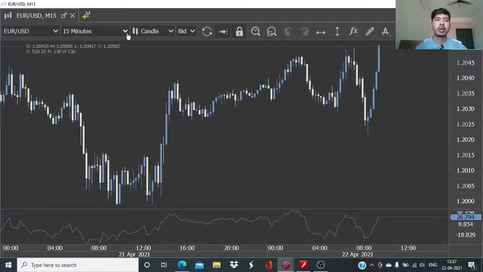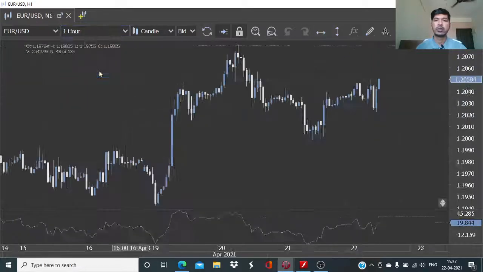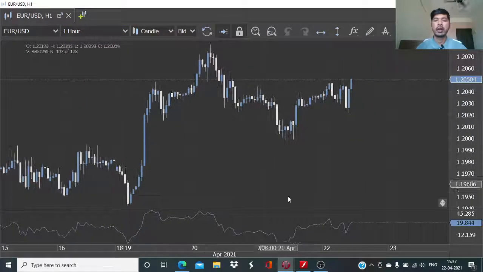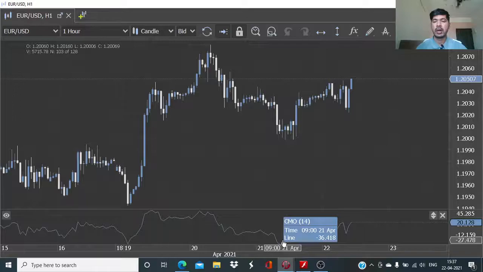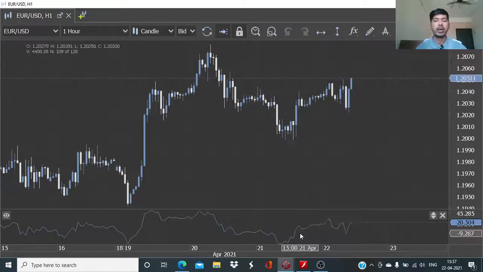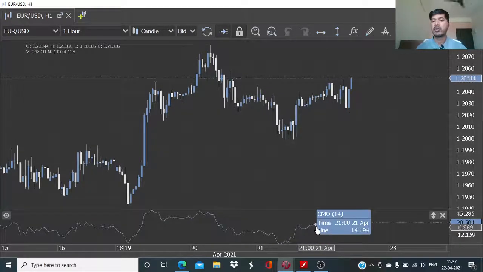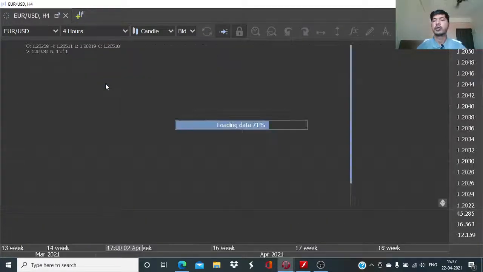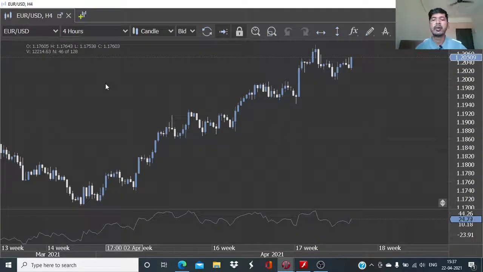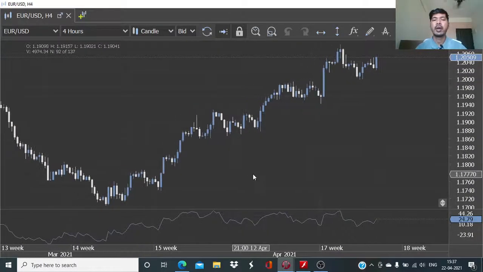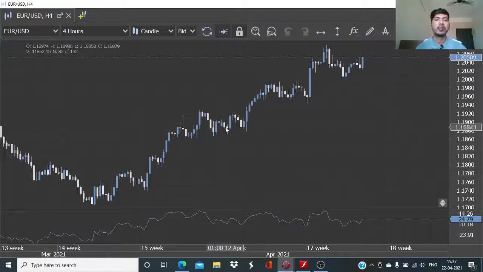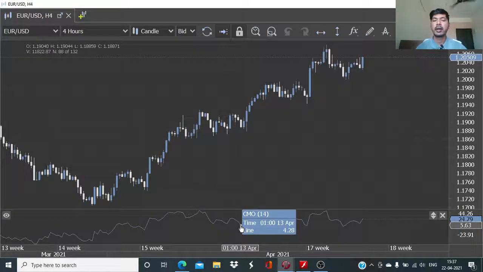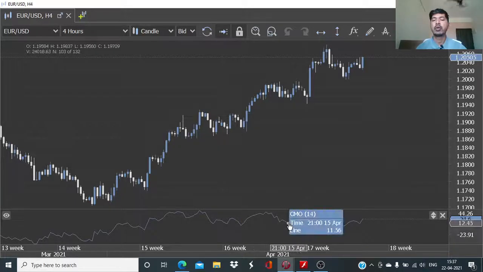This is the EUR/USD chart, which I will change to the hourly time frame, and here on the lower side I have plotted the CMO indicator with the default period of 14. The first thing we do for execution of the sell trade is look at the price momentum on the larger time frame of 4 hours, and here we need the CMO value to be in decline and below 0.